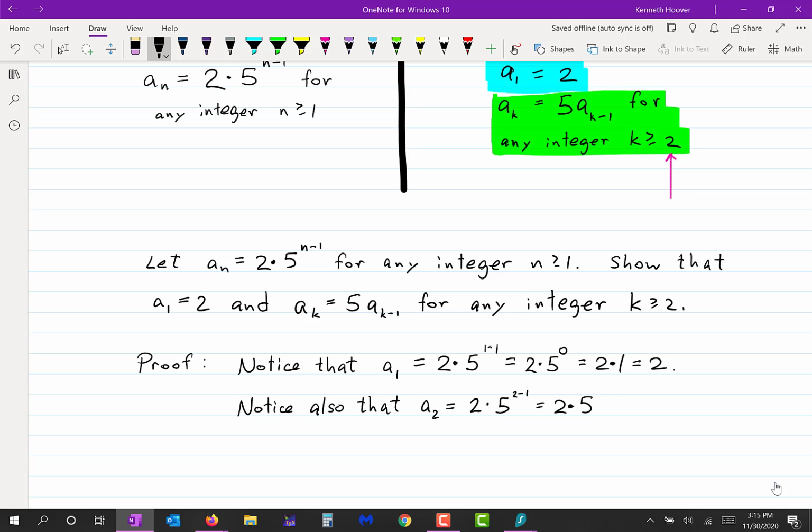Okay, which equals 5 times 2, right? And the only reason I'm bothering to switch the direction is because I've already shown that 2 is a sub 1. So that is 5 a sub 1. And there's my base case.